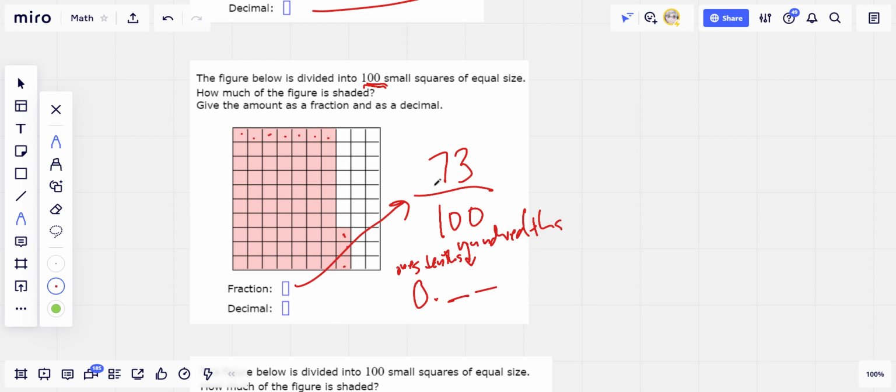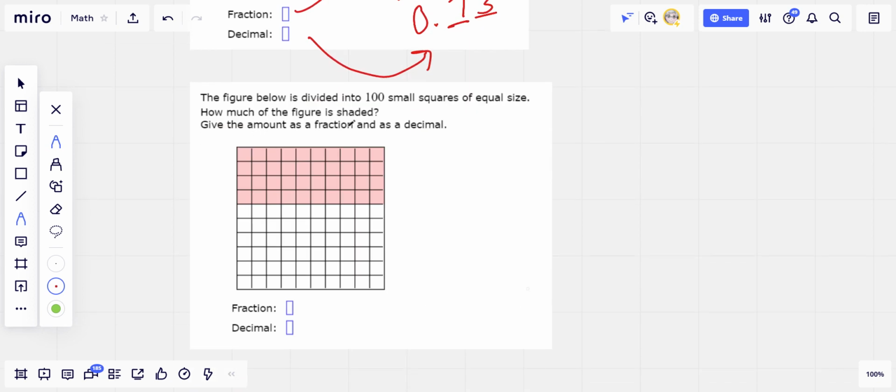And that's good because we've got 2 numbers to fill in there. So I'm just going to fill in the 73. So tenths, you're going to have 1 place after the decimal point. Hundredths, you're going to have 2. So this is 73 over 100 for the fraction and 0.73 for the decimal, and both of these represent 73 hundredths. Let's try one more.